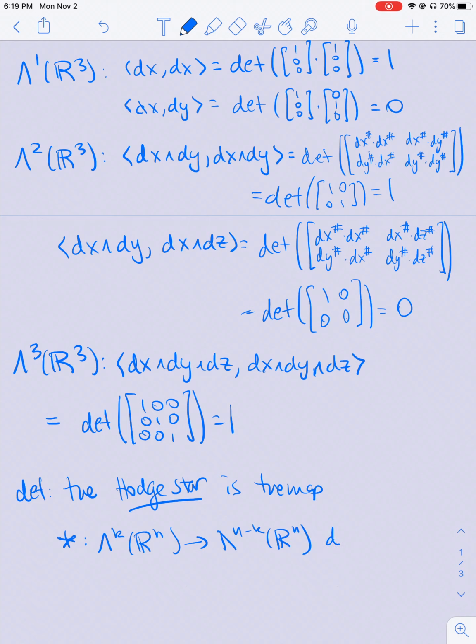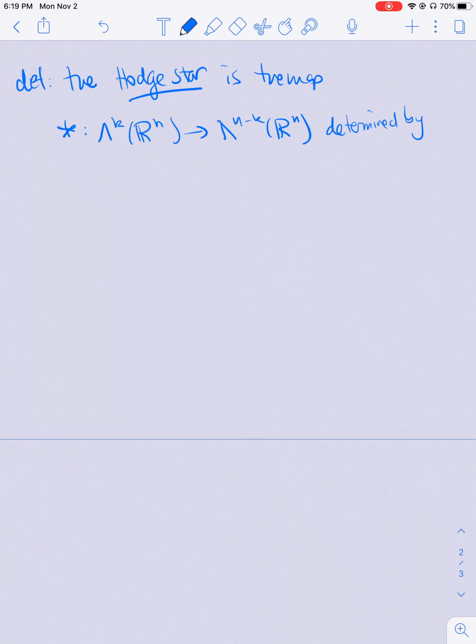It's determined by the following property: alpha wedge Hodge star of beta is equal to the inner product of alpha with beta times dx1 wedge all the way out to dxn, for all alpha and beta which are k-forms on Rn. I'm going to put this in a box. This is important.